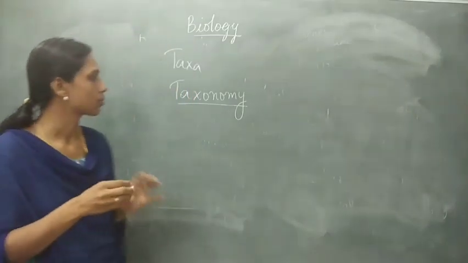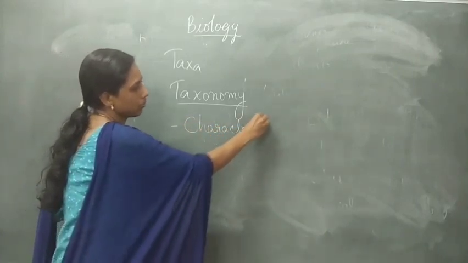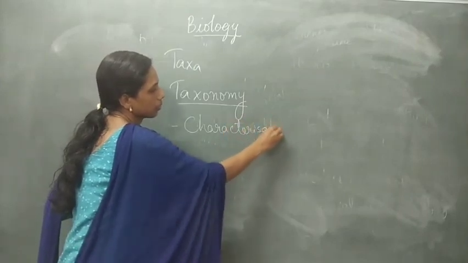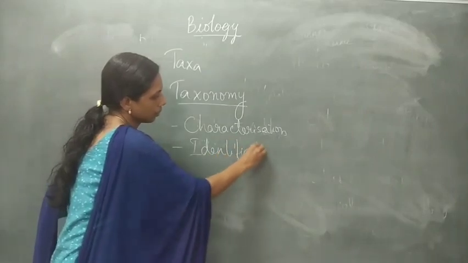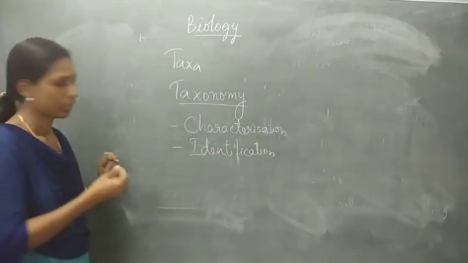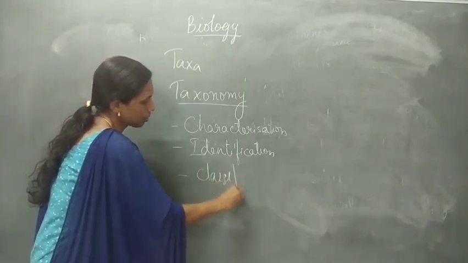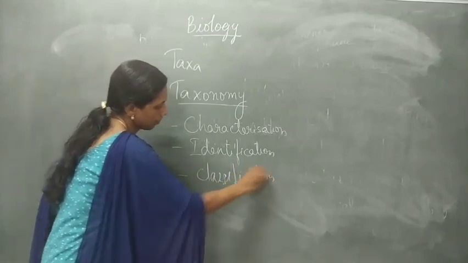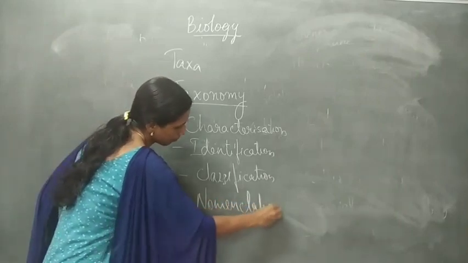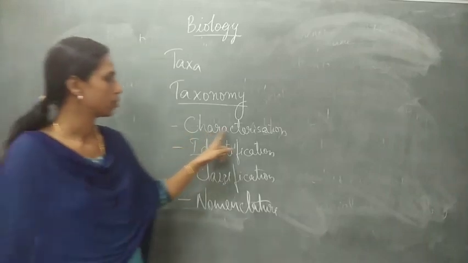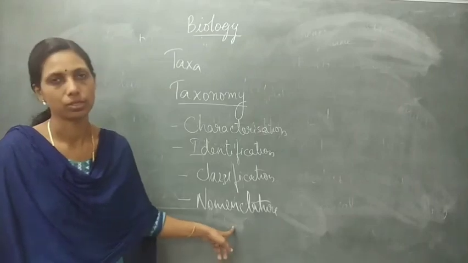And what all does taxonomy involve? As we discussed earlier: characterization, studying the characteristic features, identification, classification, and nomenclature. So taxonomy involves characterization, identification, classification and nomenclature.